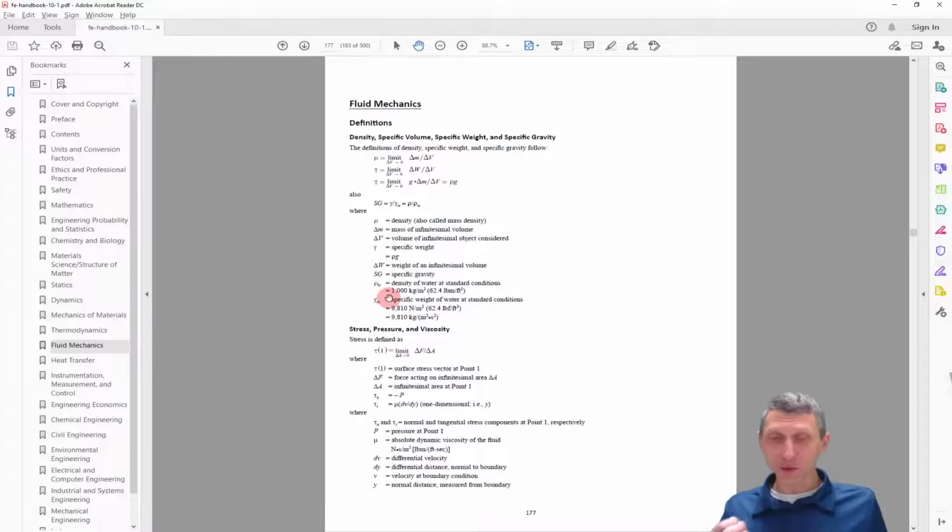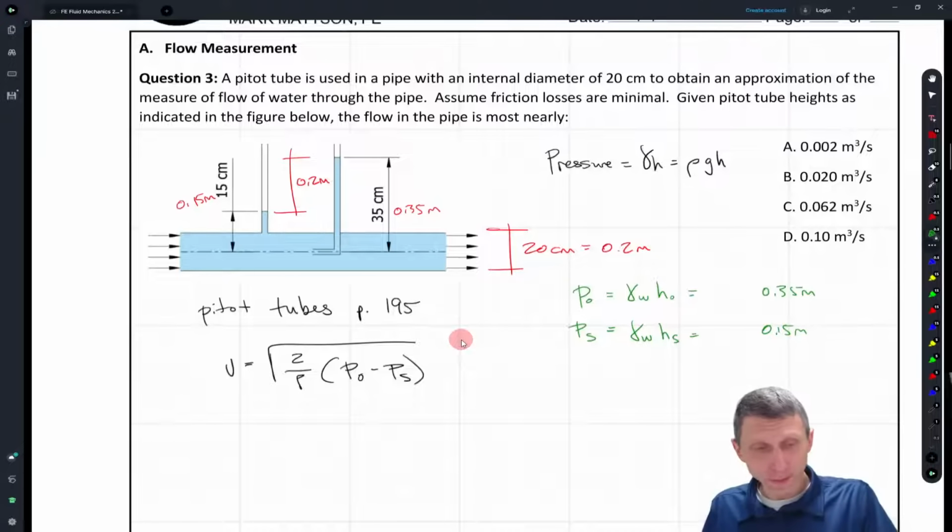At the beginning, we have rho water, 1,000 kilograms per meter cubed, and gamma water, 9810 newtons per meter cubed. So we have those two values. We know that gamma water is 9810 newtons per meter cubed, so I'm going to put that in.